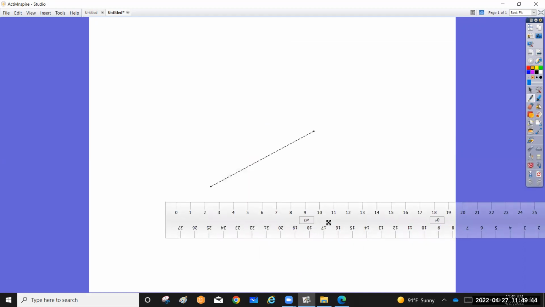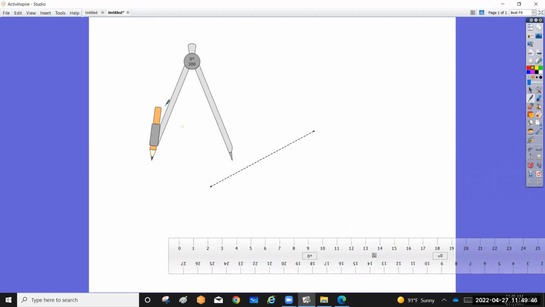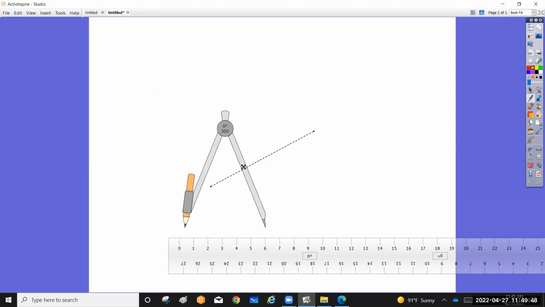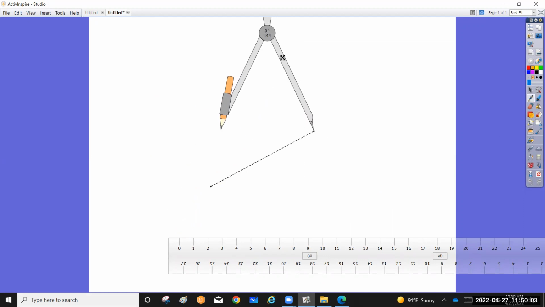Use a ruler and a compass, and set the compass to measure 6.5. Now I have a distance of 6.5. Put the compass on one of the end points of the line segment and draw a small arc.